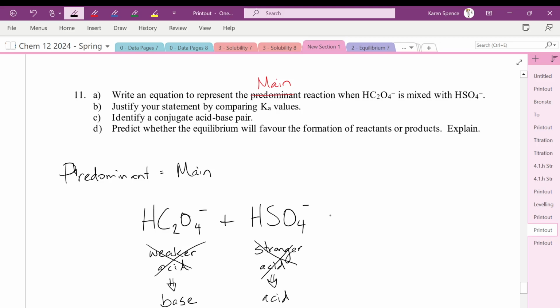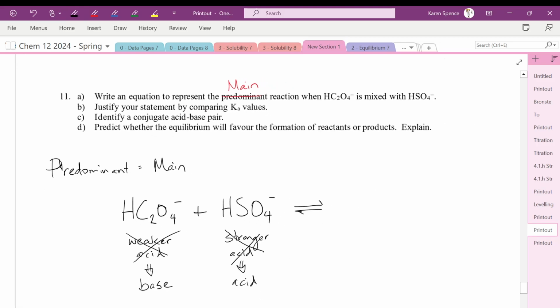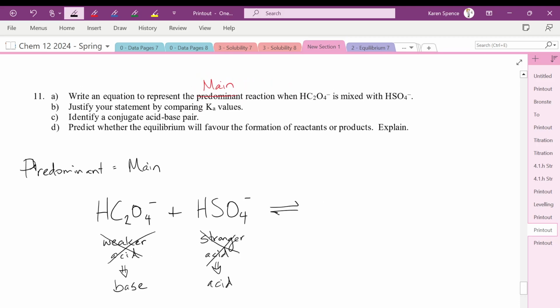Could you then predict the products of this reaction? So we would then have H2C2O4 plus SO4 2 minus. Justify your statement by comparing Ka values.